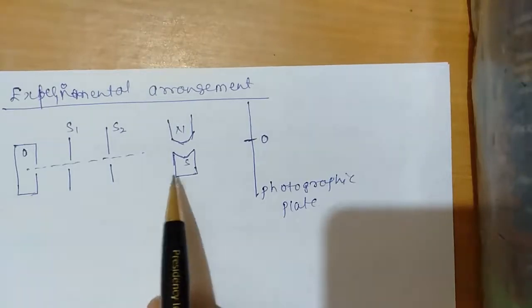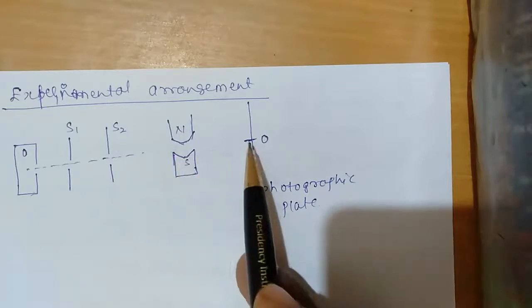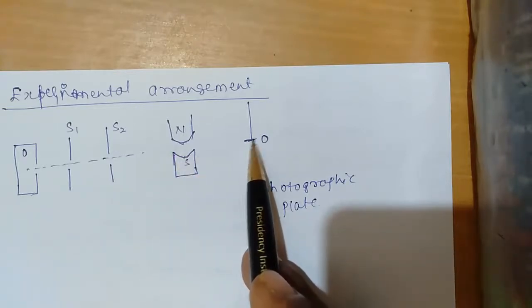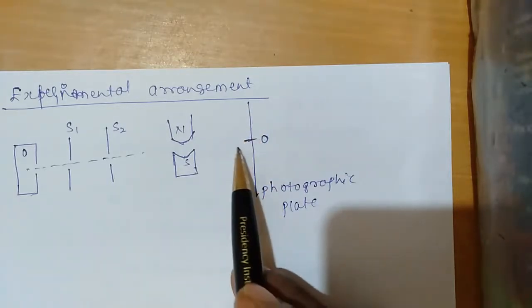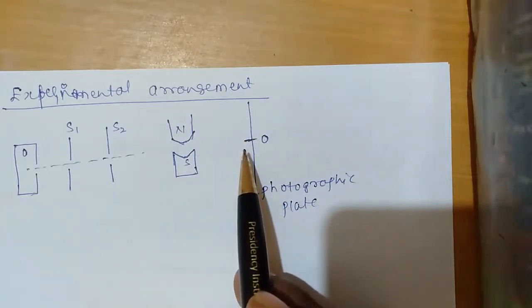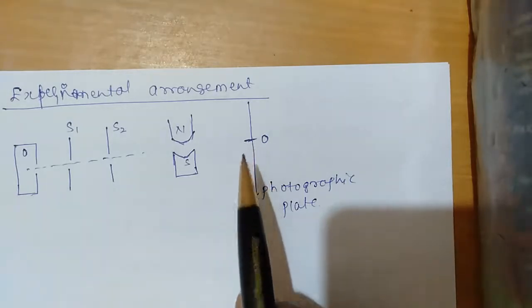When the magnetic field is switched off, or absent, all the atoms will be concentrated exactly at the center of the photographic plate, where we don't have any streak pattern. We just have an illumination on the photographic plate.